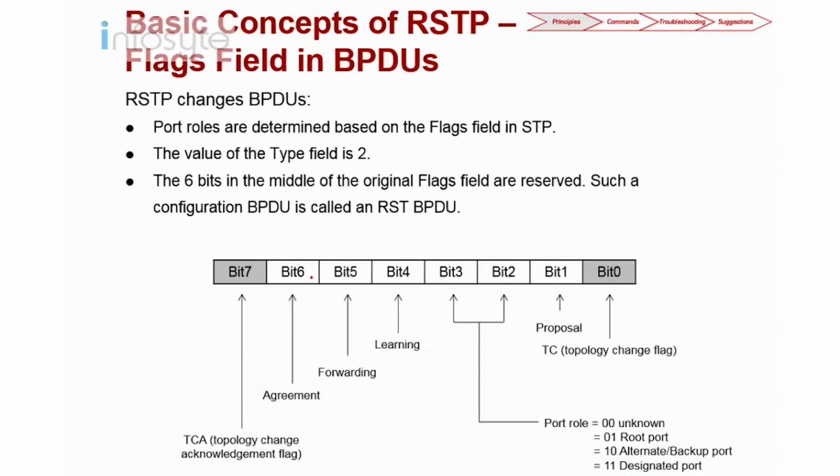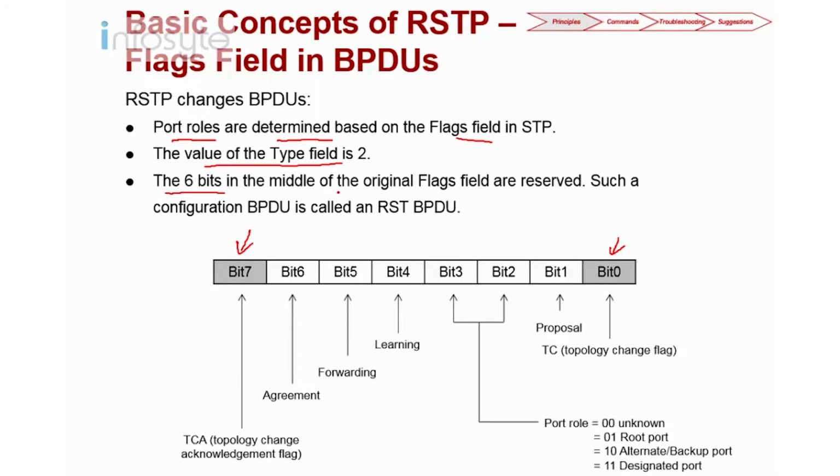Next, on the RSTP, this is the flag field that we have. Early on in STP, we have bit number 0, which still remains as the TC, and bit number 7 remains as the TCA, so that RSTP is backward compatible. Port roles are determined based on the flag. So we have bit number 0 all the way to bit number 7. The version type is number 2.